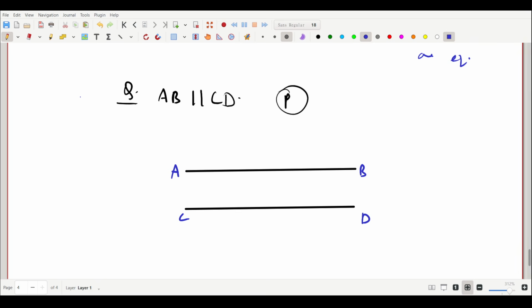So AB is obviously parallel to CD. In the question they said there is a point P sitting between them. So this is my point P sitting between them. Then they said the angle P is making with the AB line is 34, and the angle to CD is 52.